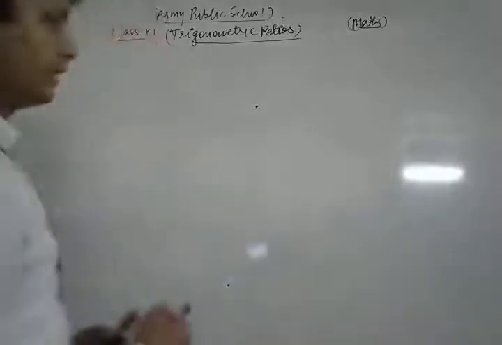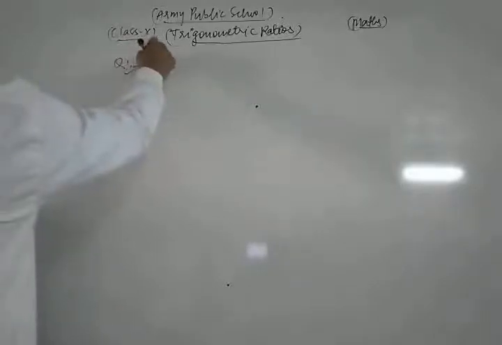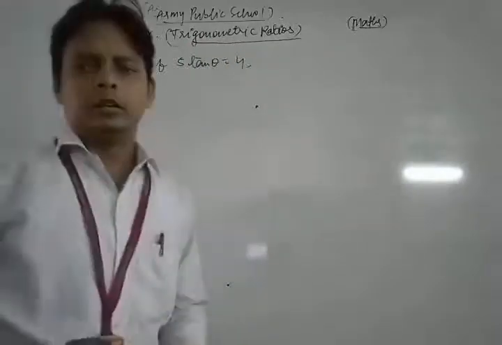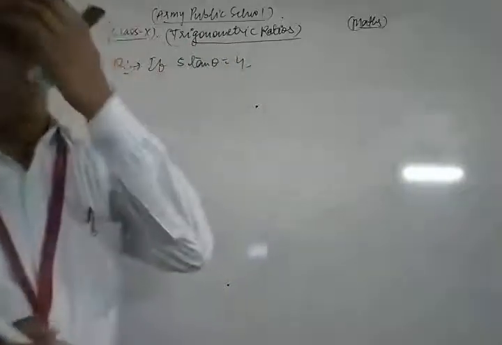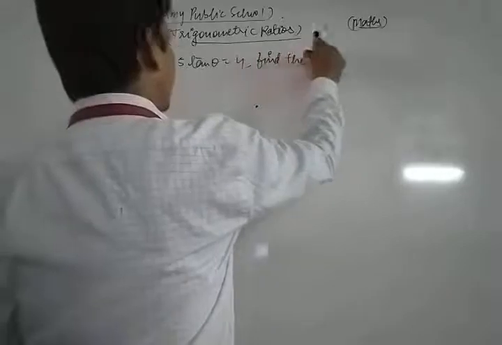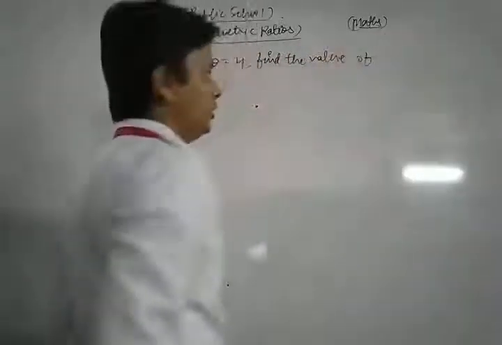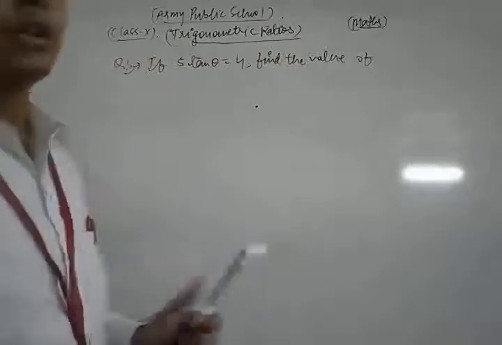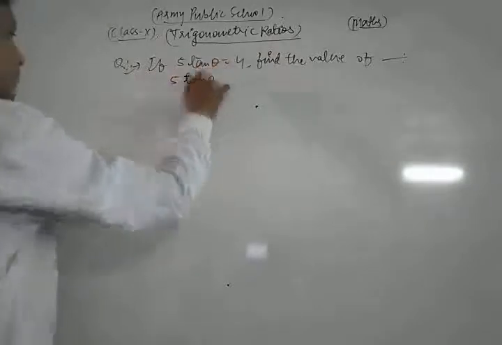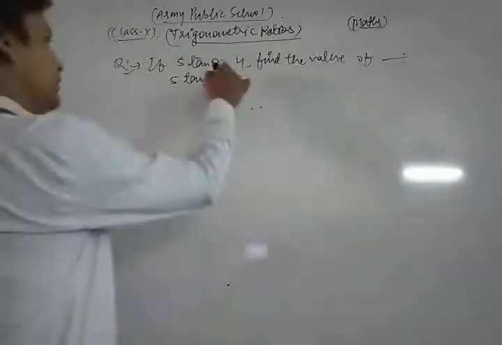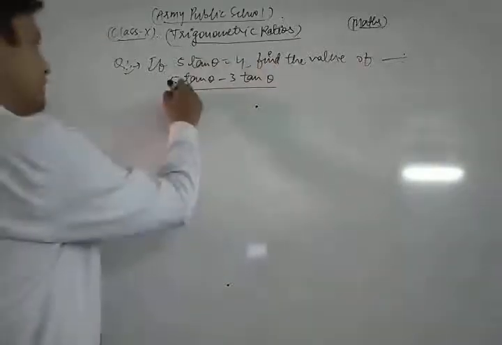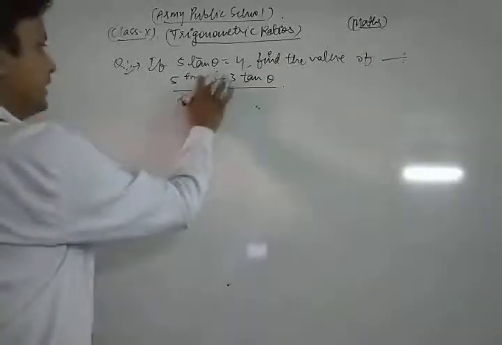And the question is, if 5 tan theta is equal to 4, then find the value of (5 tan theta minus 3 tan theta) divided by 5 sin theta, sorry, 5 sin theta here.